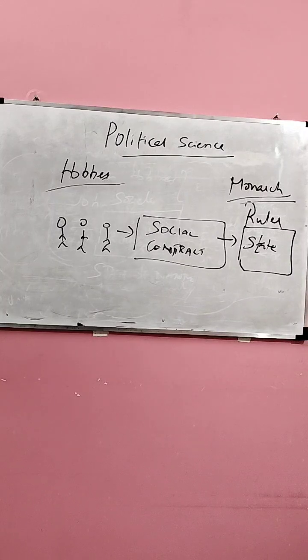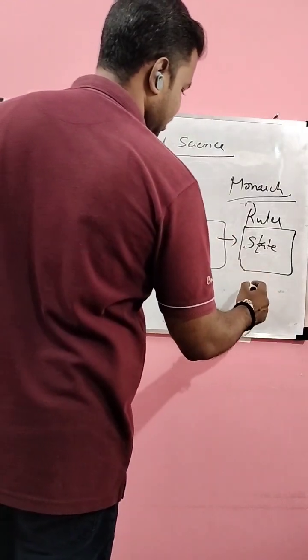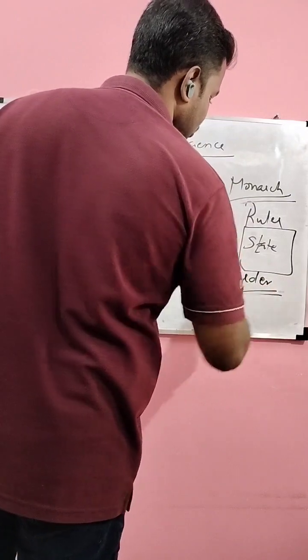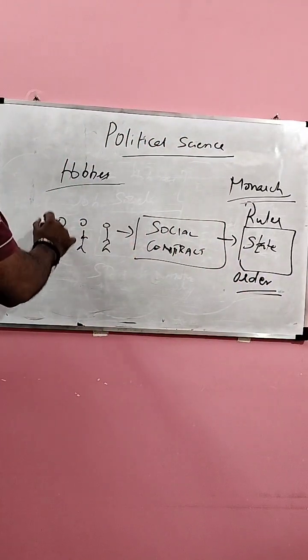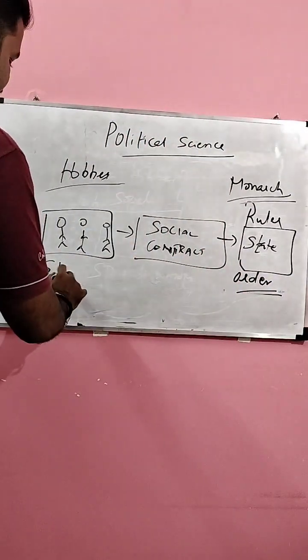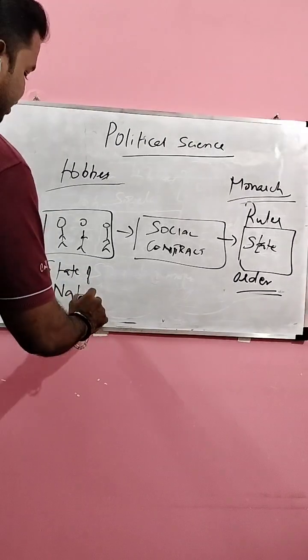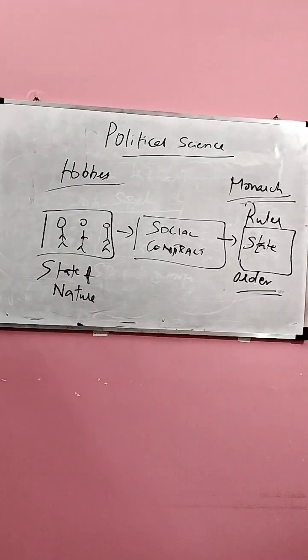When the social contract is signed, the state is established. As a result, order is coming in the society. Earlier, order was not present. Am I correct? State of nature was violent. Human beings were selfish. They were capable of destroying each other, harming each other, injuring each other.